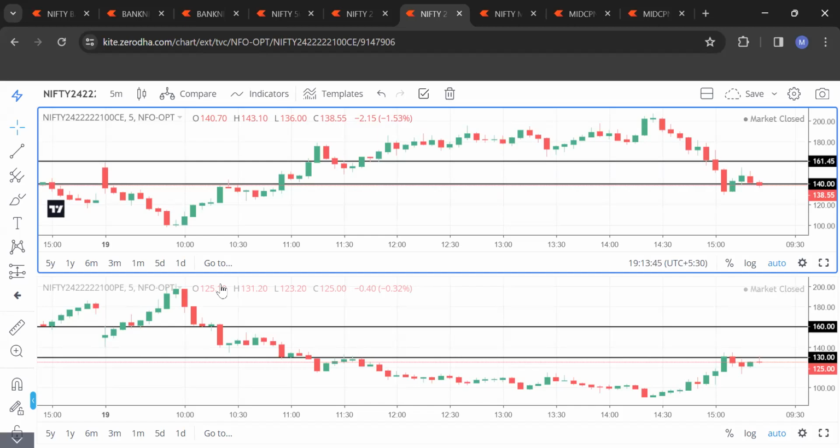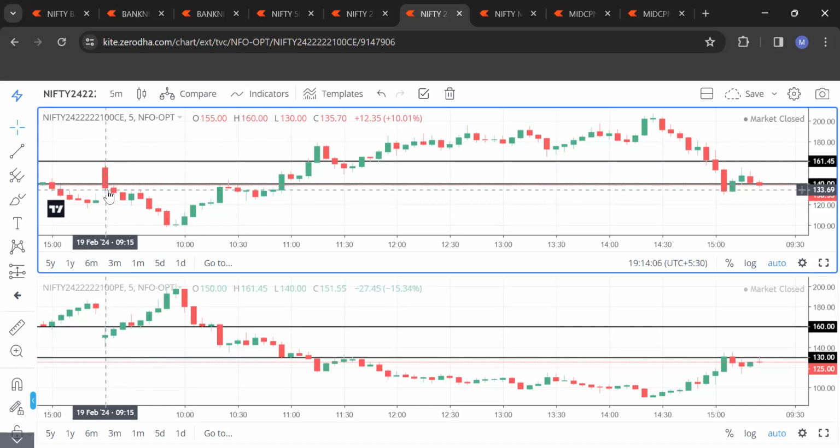And option buyers look for that side of an option which is closing above. Now it's clearly seen that put is closing above the upper line and call is closing below the lower line. So in case you wish to buy an option, you will go for put. In case you wish to sell an option, you will go for call.